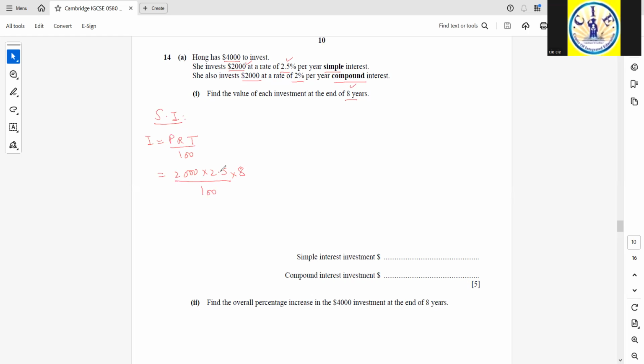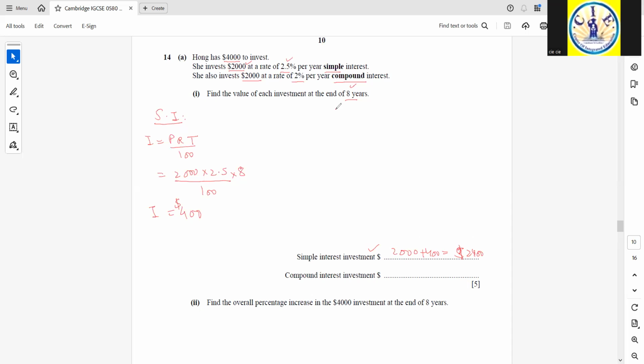So that would give us $400. So the simple interest investment would be the sum of the principal amount and this amount, that is 2000 plus 400, that is $2,400.